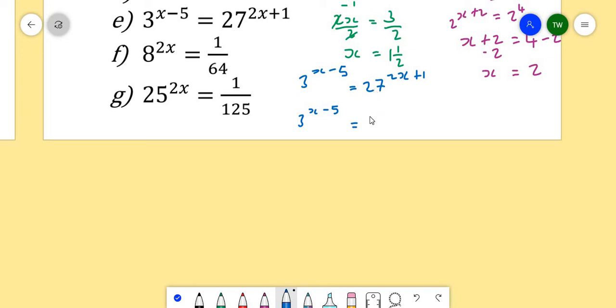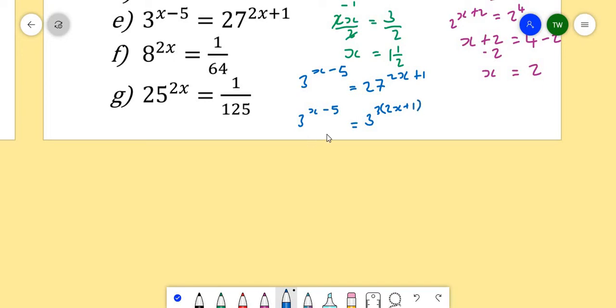And that's going to be 3 raised to the 3rd power. But we must remember that 27 was raised to the power of 2x plus 1. So we're going to open a bracket beside the power 3 here, and we're going to write 2x plus 1. So that's how you would do this problem here.